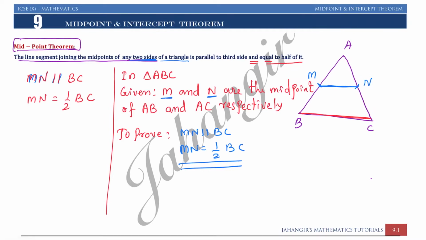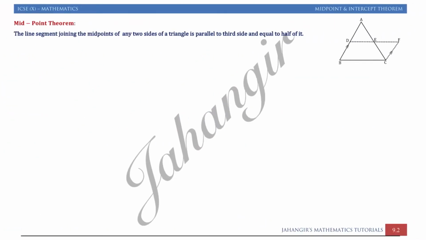Let us understand. The same question, the midpoint theorem. The line segment joining the midpoints of any two sides of a triangle, here D and E are the midpoints of two sides of the triangle, is parallel to the third side and is equal to half of it. So first we will write it down.